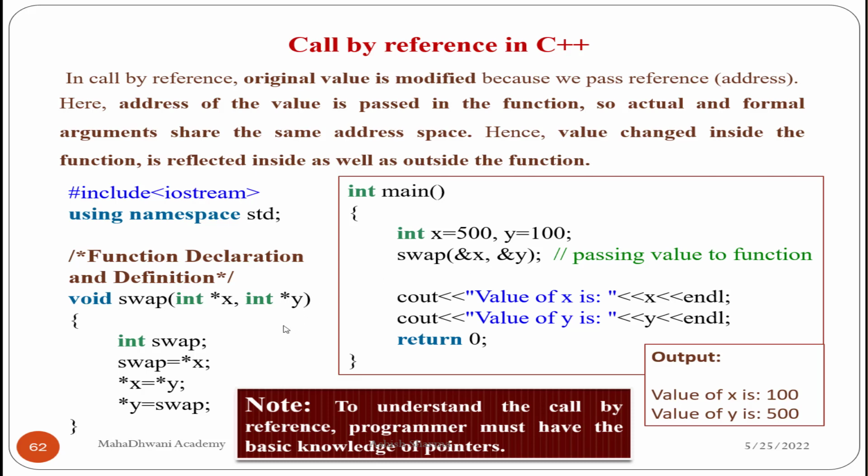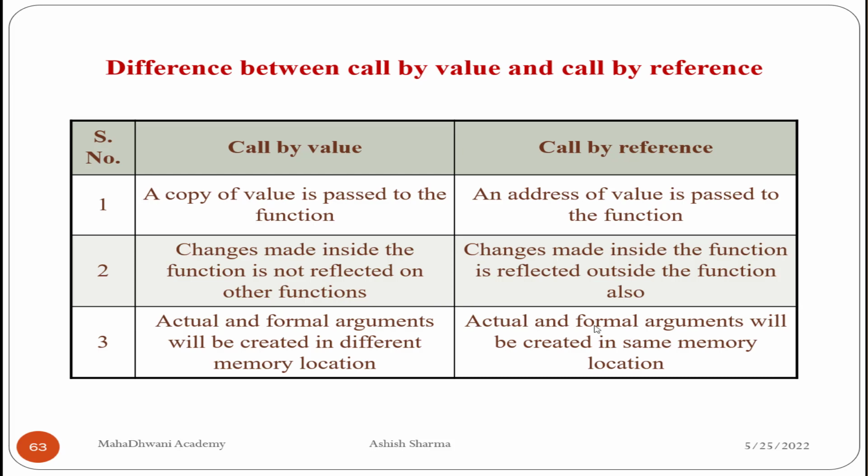These are the formal arguments and these are the actual arguments. These are the differences between call by value and call by reference.